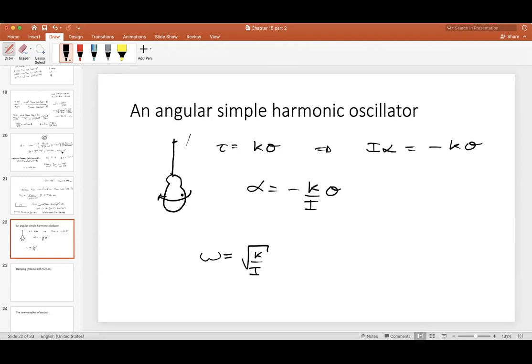That's why things spin back and forth. This problem is ridiculously easy, plug and chug. If you read, it's section 15.3. Just read it. There's literally nothing to this.